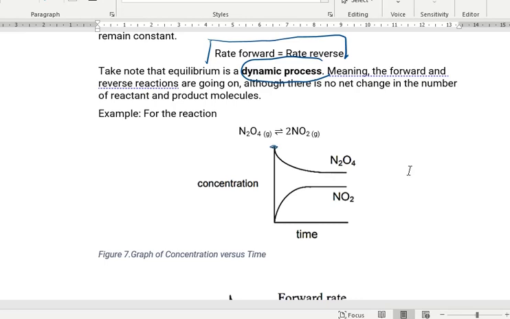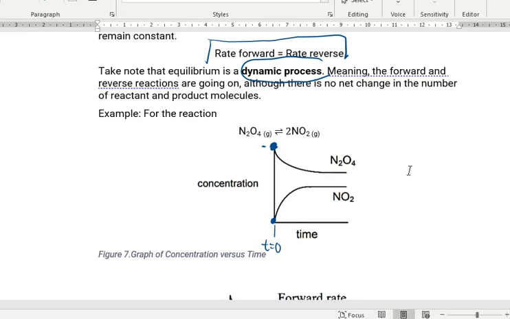So this is the concentration at time 0, at T0, the concentration of N2O4 is right here. It has a value, right? And the concentration of NO2 is 0 at time equals 0. So, at the initial point, what is inside your container is only N2O4.